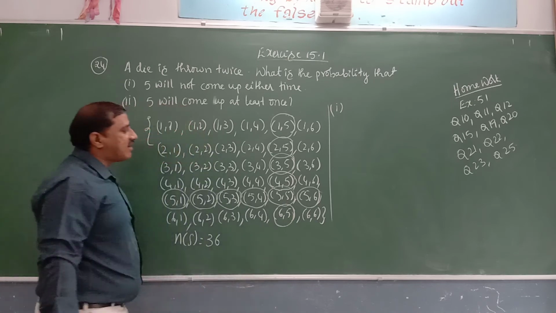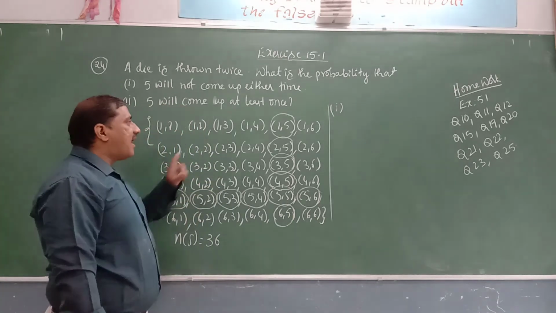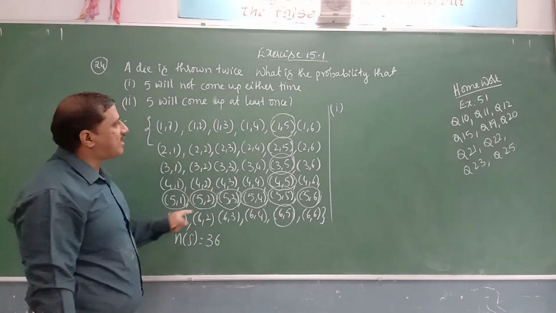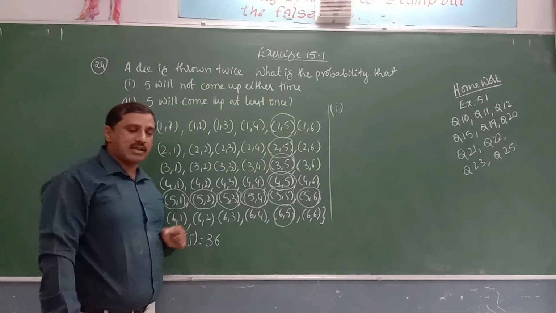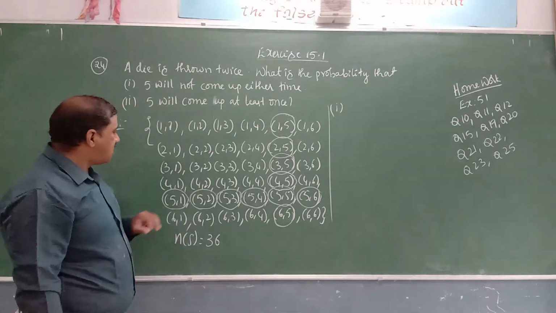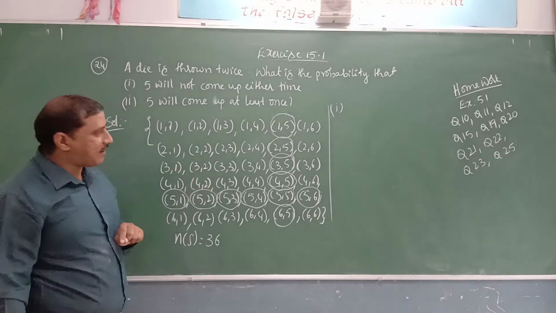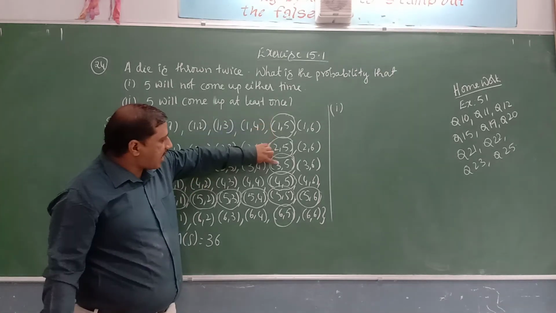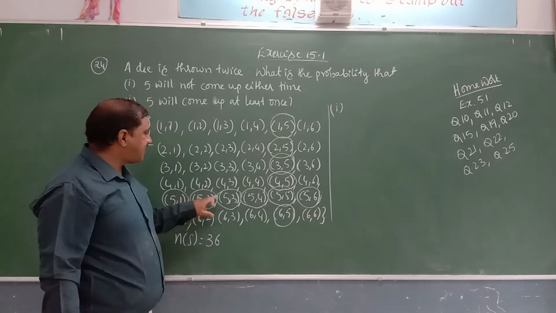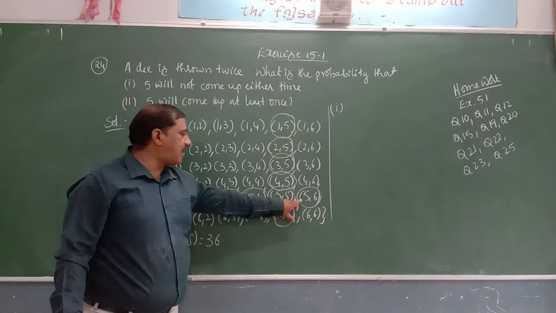These outcomes have 5 either at least once or on both dice. How many outcomes contain 5? 1, 2, 3, 4, 5, 6, 7, 8, 9, 10, 11.